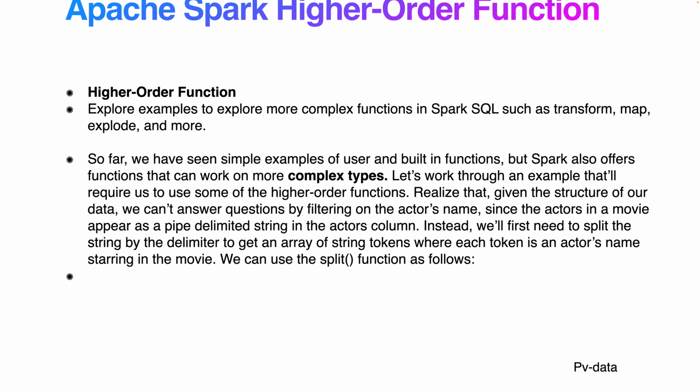Let's walk through an example that requires higher order functions. Given the structure of our data, we can't answer questions by filtering on the actor name. If you see my previous data, the actor name column contains multiple actor names in one row.